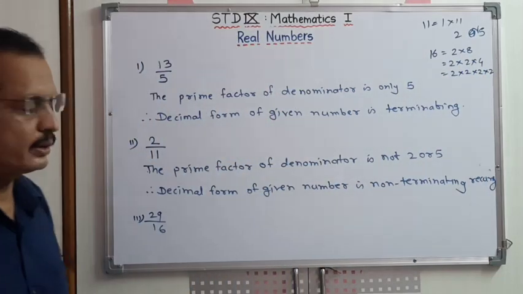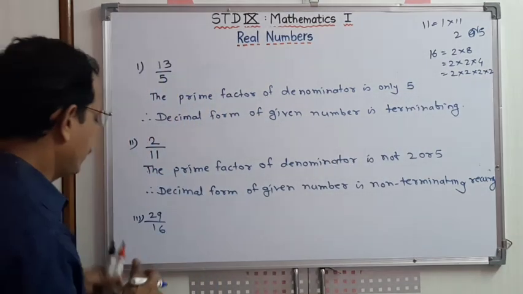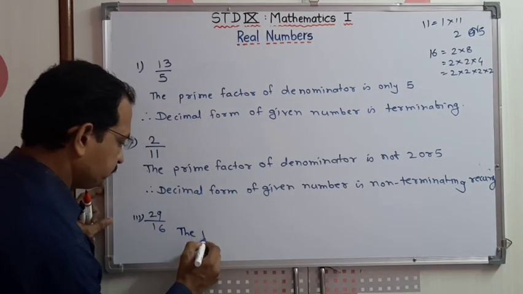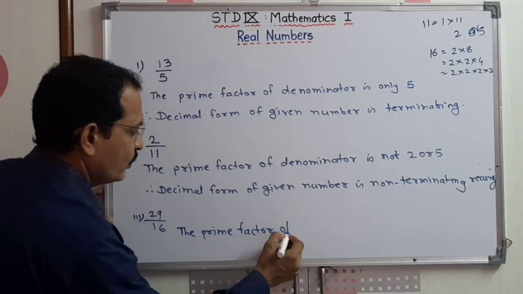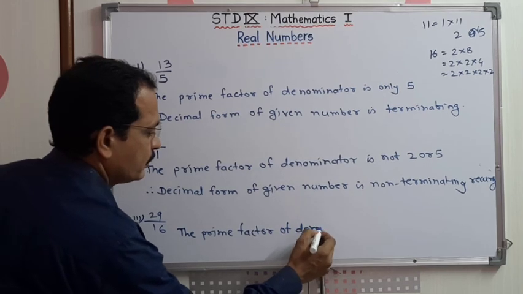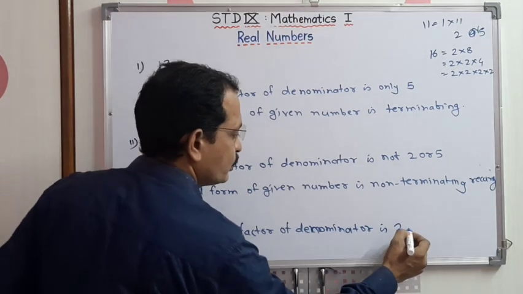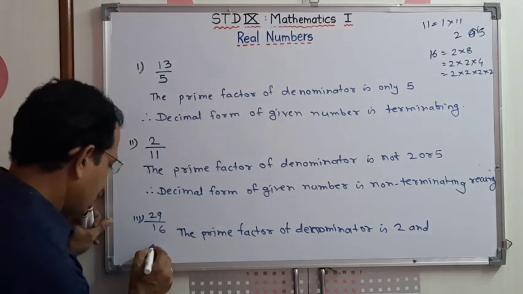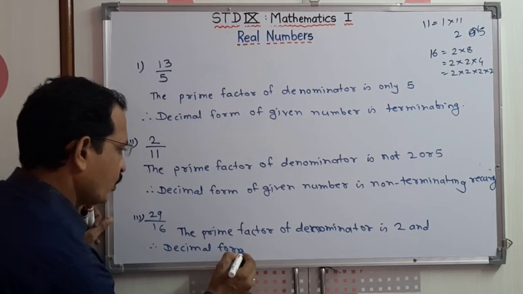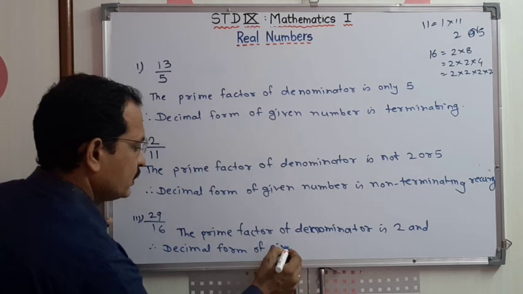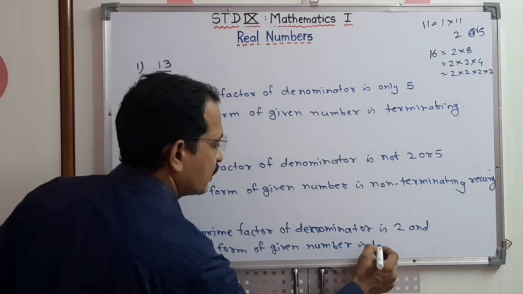That means the prime factor of 16 or the denominator is 2, and therefore we can say that the prime factor of denominator is 2, and therefore decimal form of given number is terminating.